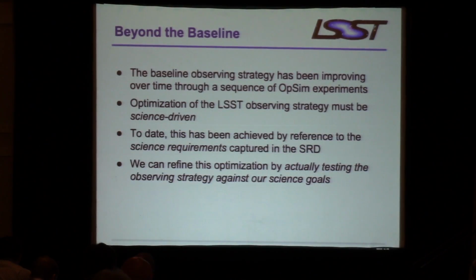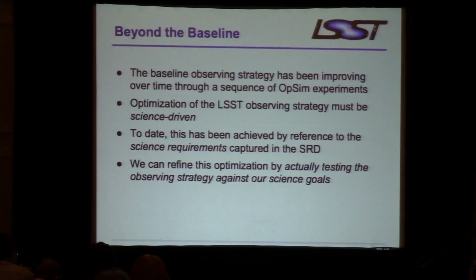Okay, so the baseline strategy is great. This year we've heard from the SIMS team that it does meet many, if not all, of the requirements in the science requirements document. But we can imagine that the science community might have aspirations beyond that SRD. And so it's interesting to us to ask, will the observing strategy as currently planned serve the science projects that we want to do with the data? So in this construction phase, we're already thinking like astronomers using LSST data.